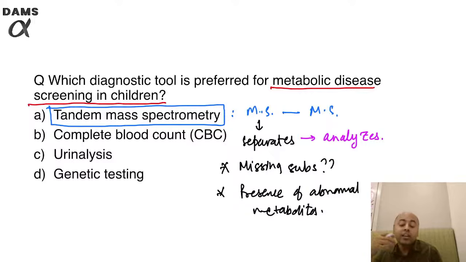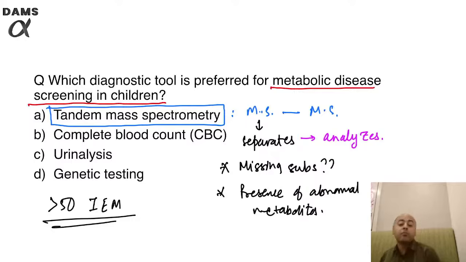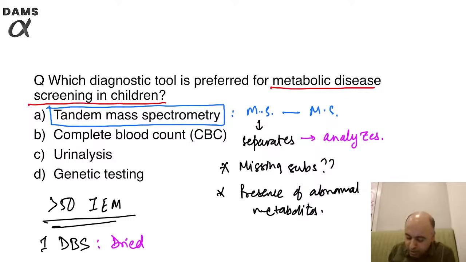Okay, so in this way we can identify more than 50 different inborn errors of metabolism by one single DBS, where DBS stands for the dried blood spot. Using one single dried blood spot which can be obtained by heel prick, you can identify more than 50 inborn errors of metabolism.